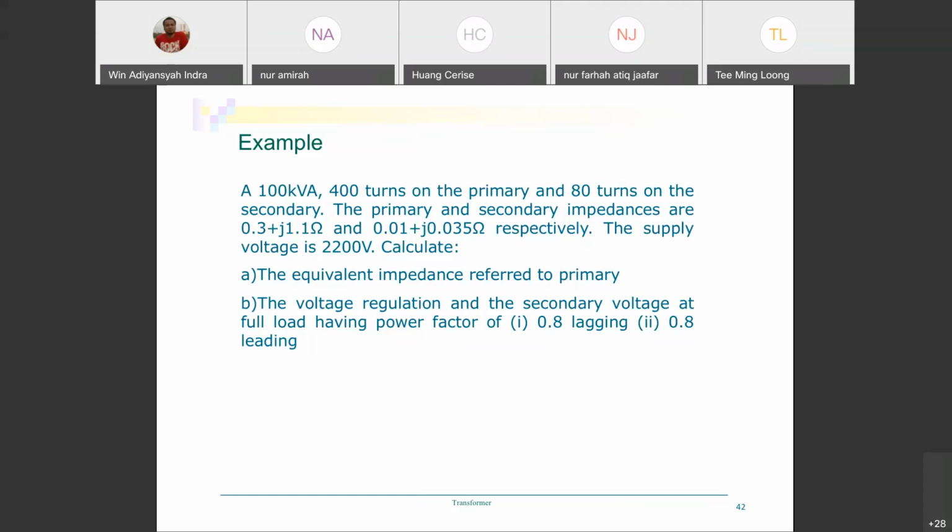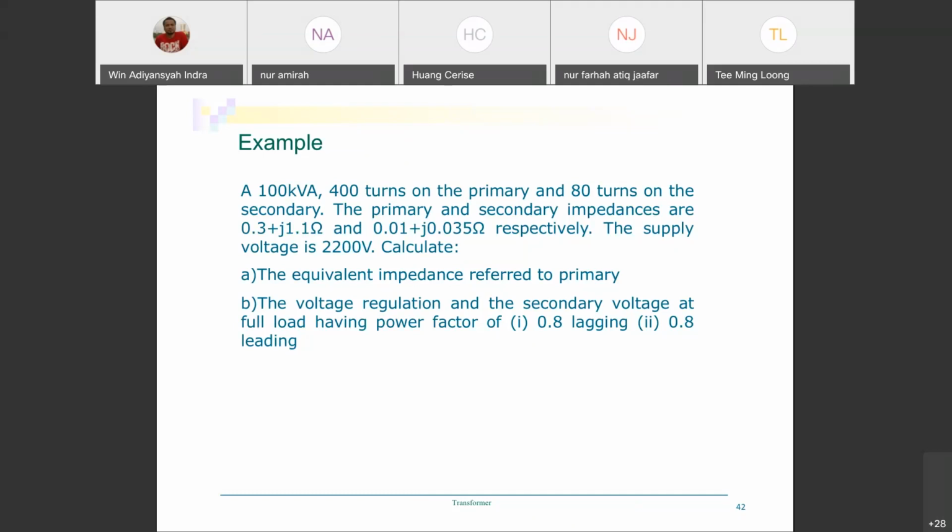Okay, 100 kVA, 400 turns on primary, 80 turns on secondary. Primary and secondary impedance are given. Supply voltage 2200. Calculate the equivalent impedance referred to primary, the voltage regulation, and the secondary voltage at full load when having power factor of 0.8 lagging and 0.8 leading.